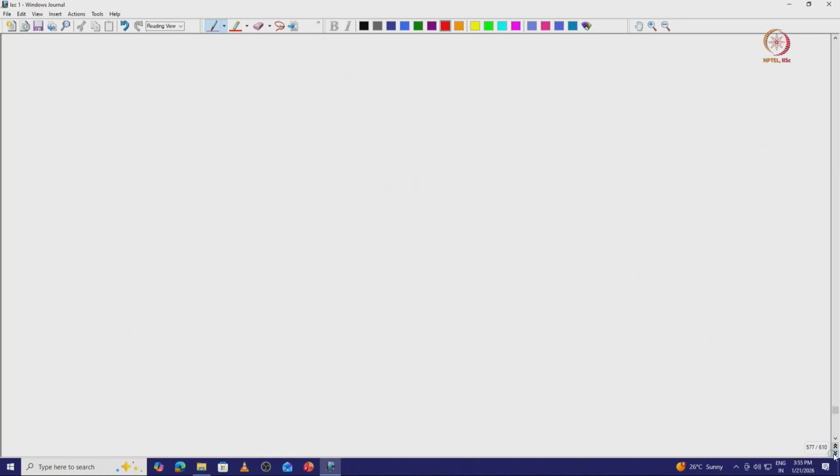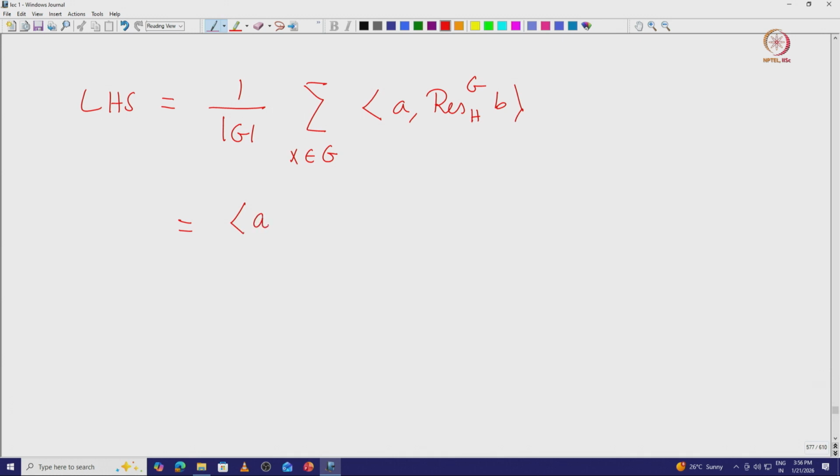Then the left hand side becomes exactly equal to 1 divided by the cardinality of G, summation x in G, the inner product of a with the restriction from G to H of b. Now, since there are exactly cardinality of G elements, this adds up to the inner product of a with the restriction from G to H of b.